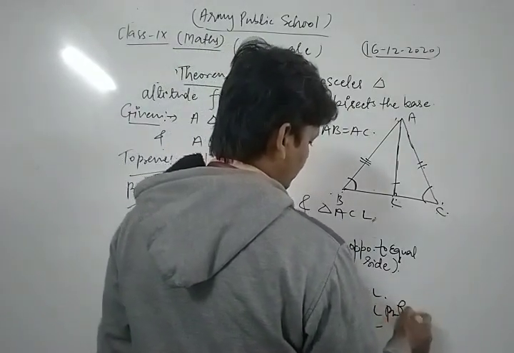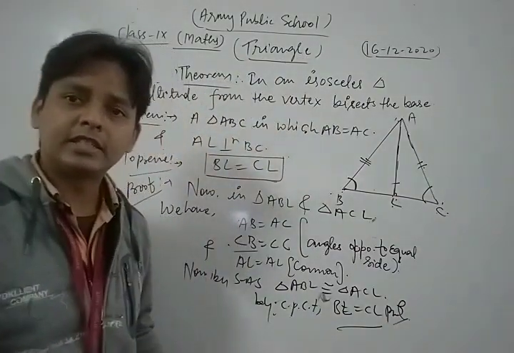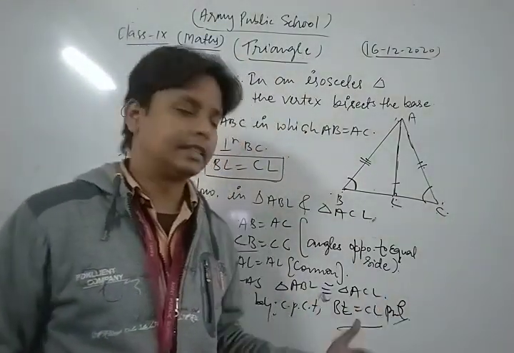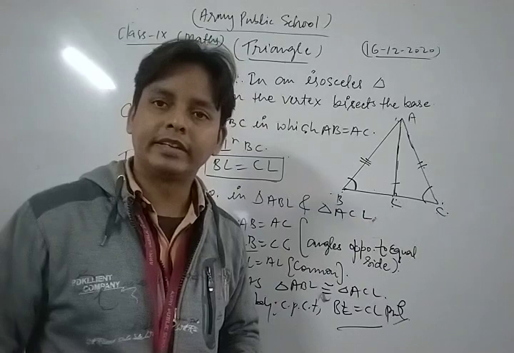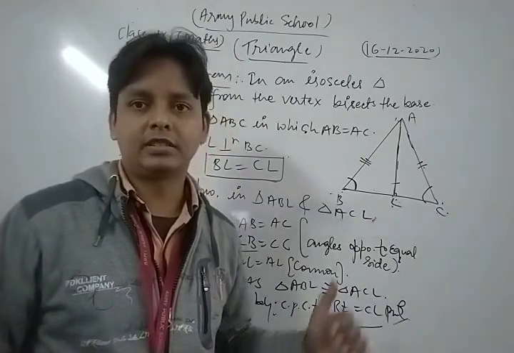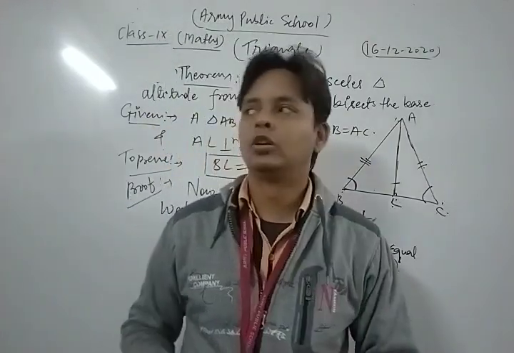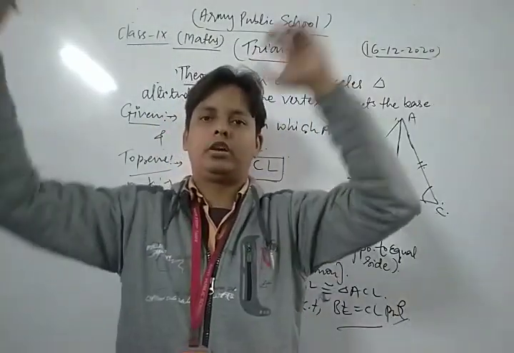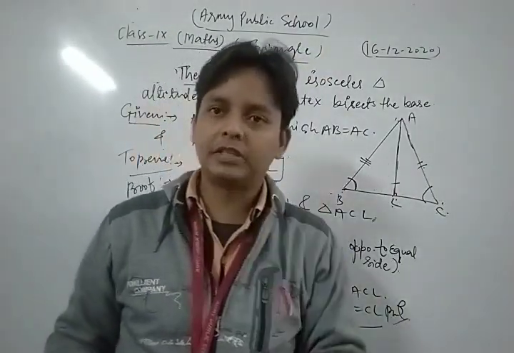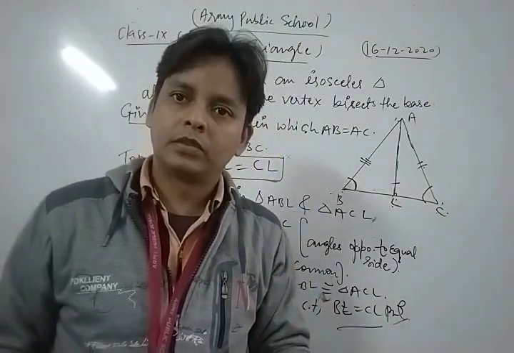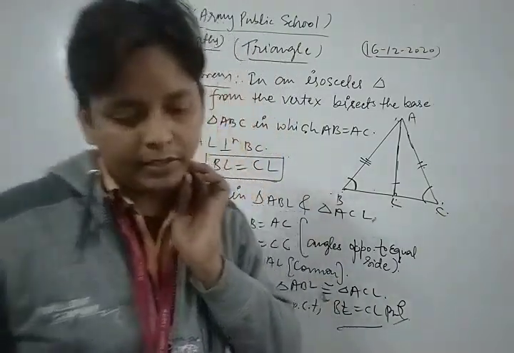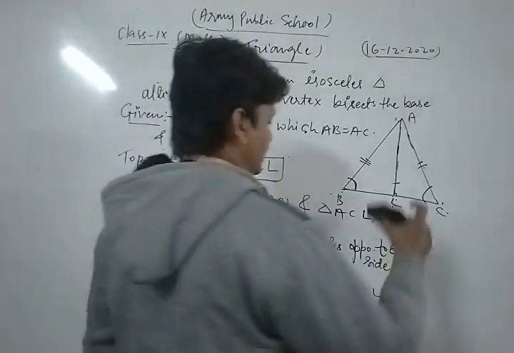Hence proved. BL is equal to CL, and hence in this way we can say that the altitude from the vertex to the base bisects the base. Thus, dear student, in this way you can prove all the theorems of your NCERT exercise based on triangles.